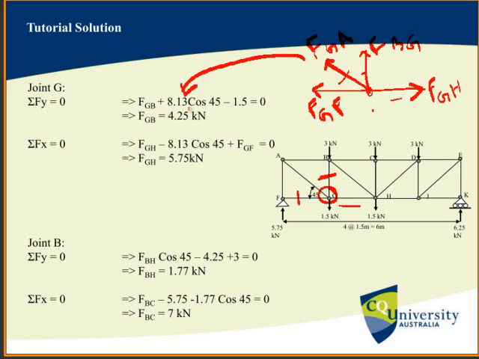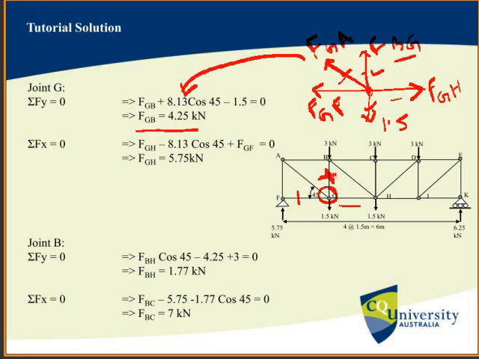So we just put this value here, and this value 1.5, this force is acting here. So for the vertical portion you have to consider three forces, and after calculating this you will get FGB 4.25. So we already know this value, FGB, the force of this member.